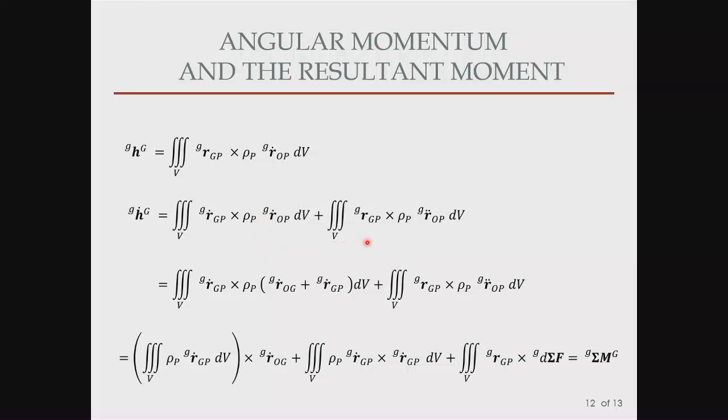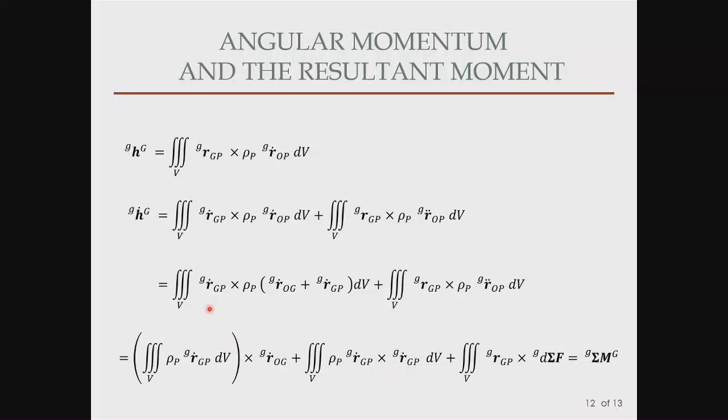Then here this is unchanged, and here this is the time derivative of this one. So this is the derivative of a product, and then from here ROP dot, I split like before, ROG dot plus RGP dot. Same summation, and then I open up the brackets.